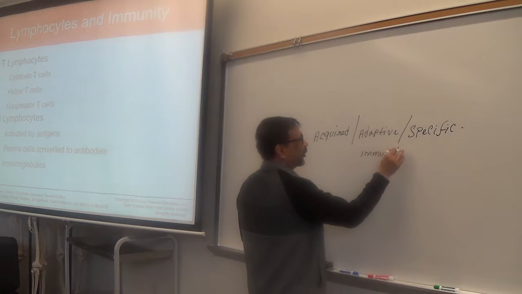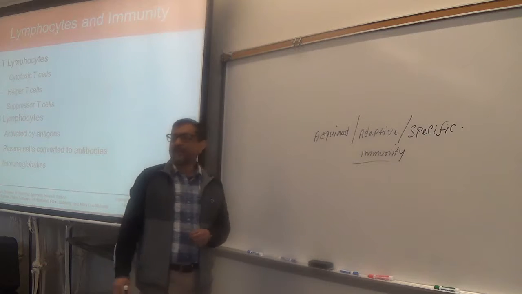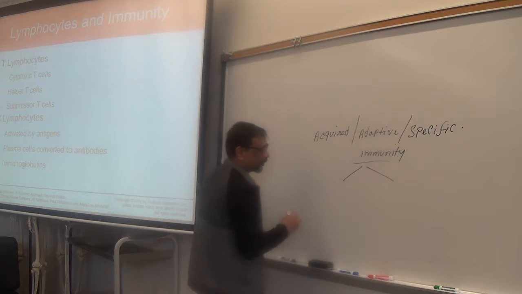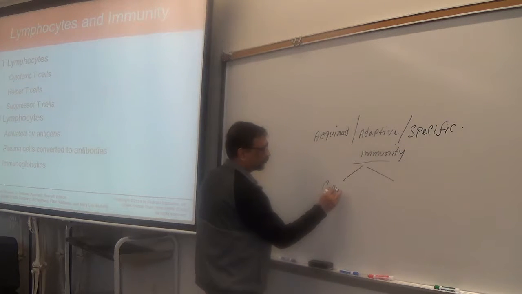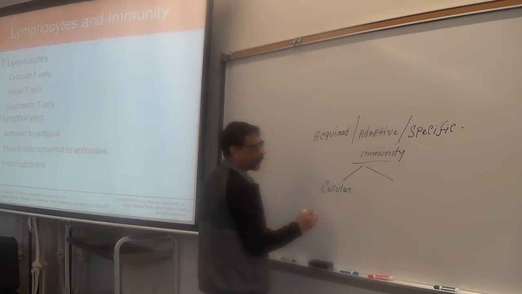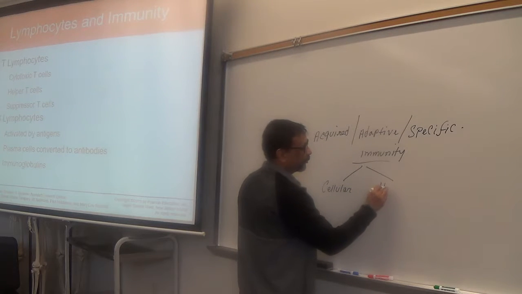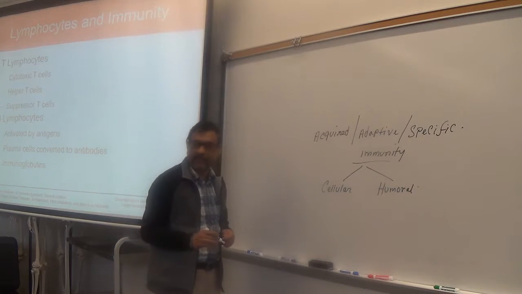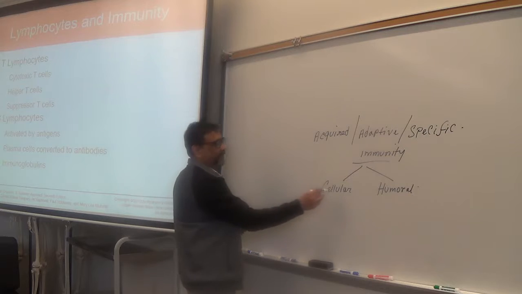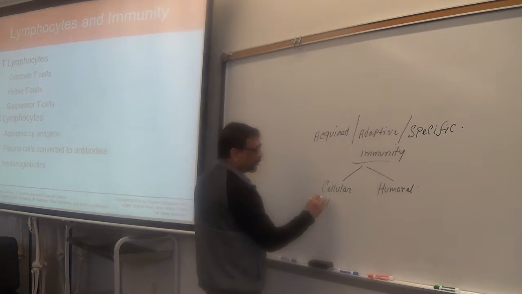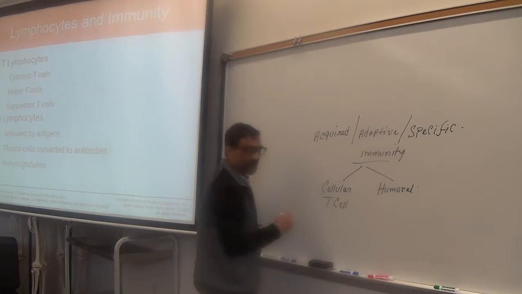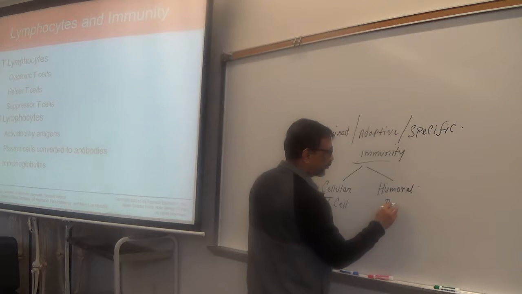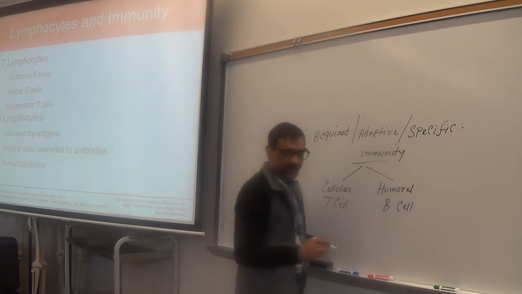Okay, so this acquired immunity has 2 types: cellular or cell-mediated, and humoral or antibody-mediated immunity. Okay, cellular is also called T-cell mediated immunity. Humoral is also called B-cell mediated immunity.